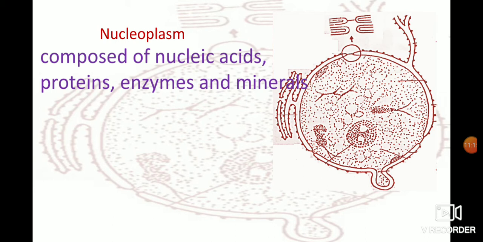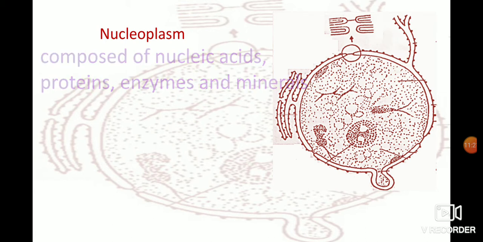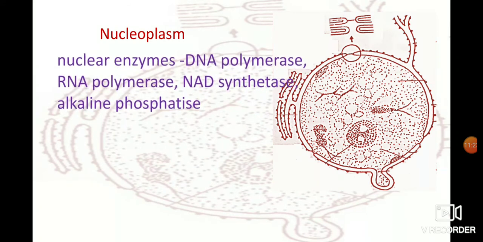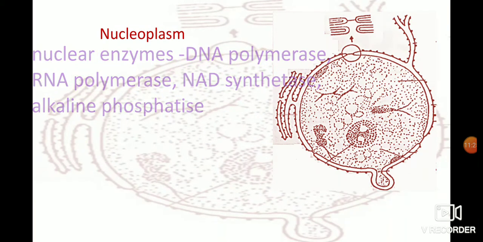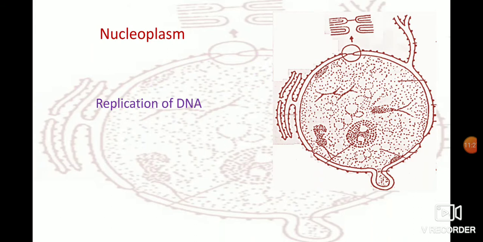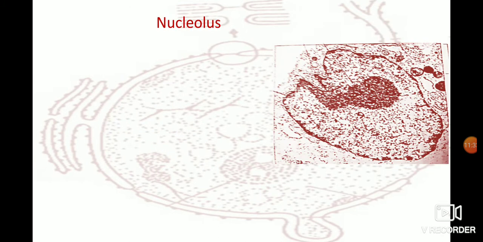In nucleoplasm, events like replication of DNA, transcription of RNA and transport of material occur. Now coming to the nucleolus, the nucleolus means a small nucleus.